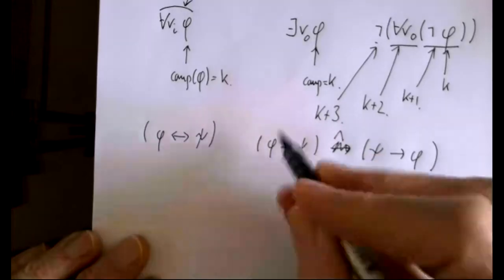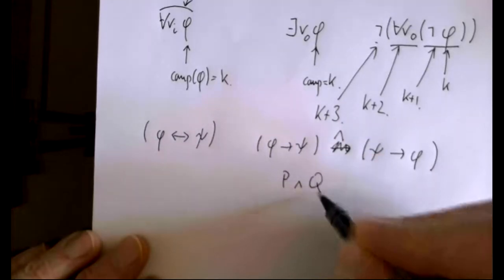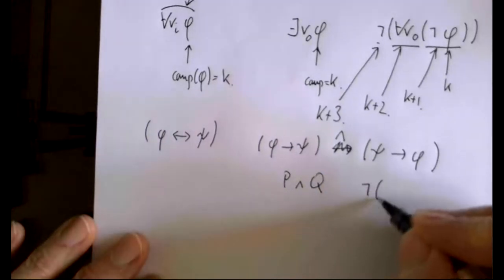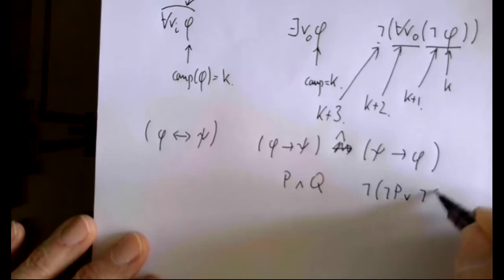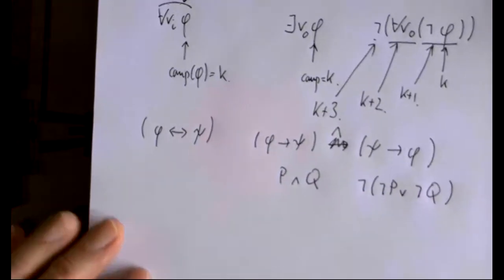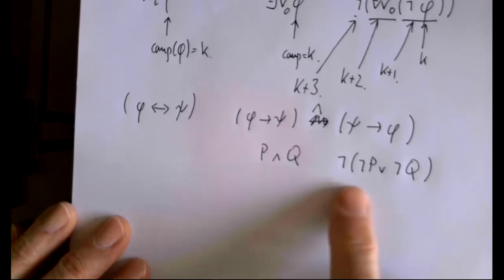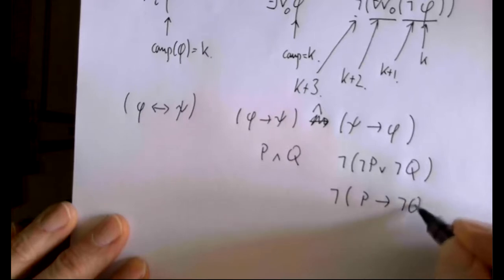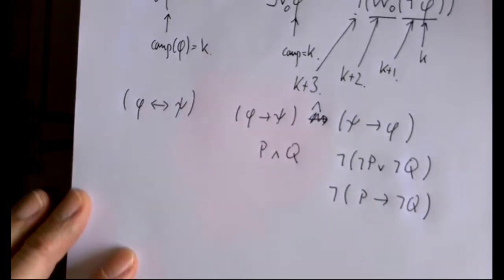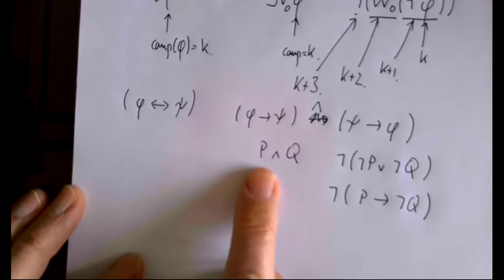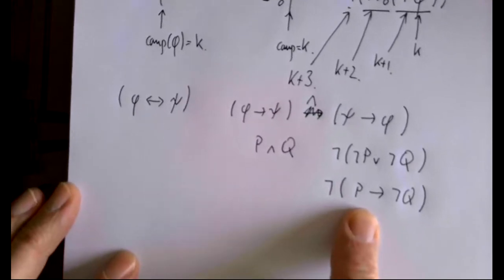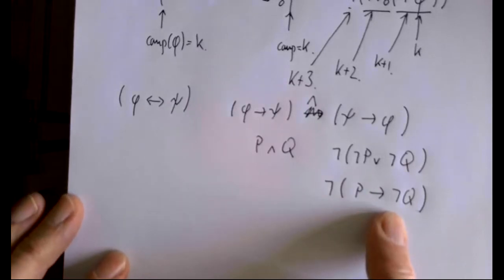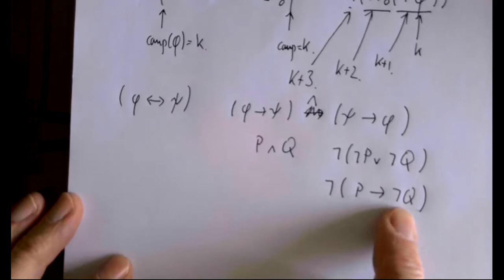So if I've got something of the form P and Q here, this is the same as not P or not Q. Not P or not Q is the same thing as P arrows not Q. So P and Q is equivalent to, now this is something that's just written out using our basics. It's just using arrow and not here.